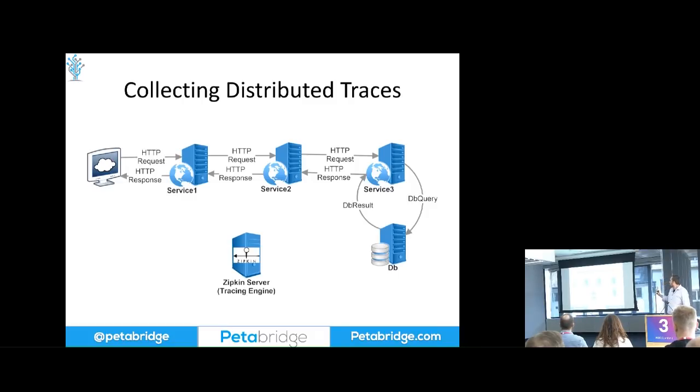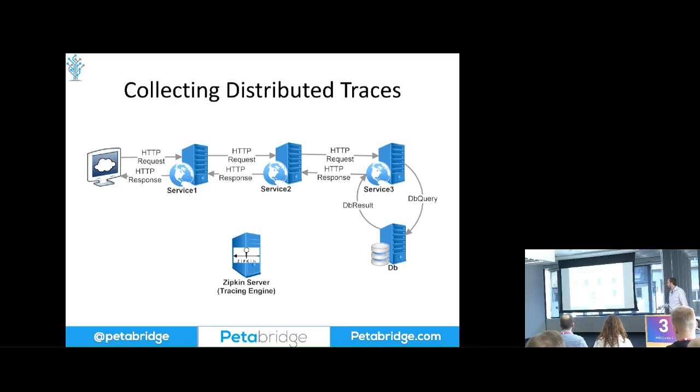Now, in the real world, here is what building that trace might actually look like from the point of view of the instrumentation running inside your applications. How do we actually upload data to Zipkin? Well, here's what might happen. I have service 1 who receives requests directly from an end user running a web browser.